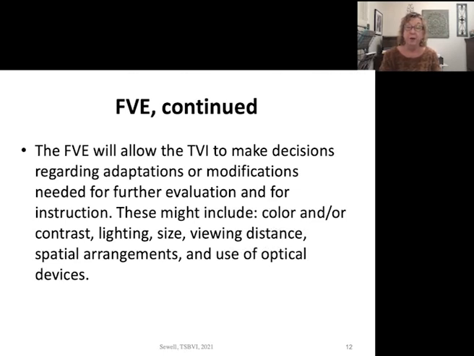And those might be color and or contrast, lighting, size, distance that they need to be from their paper and or the objects that they are viewing. What kind of spatial arrangements might be beneficial for this student when they do their evaluations, and any use of low vision devices that the student might need.